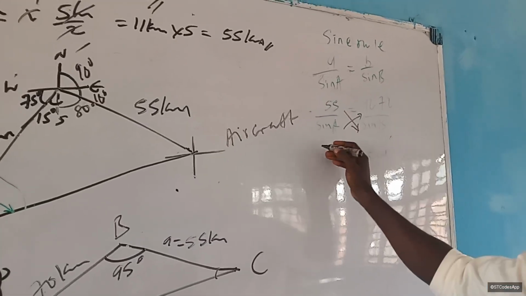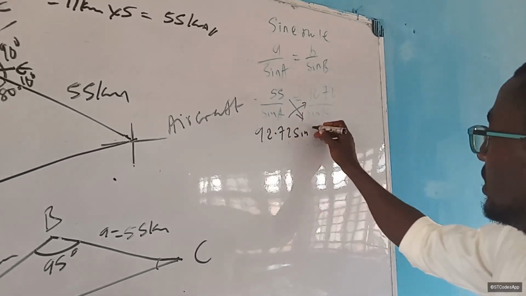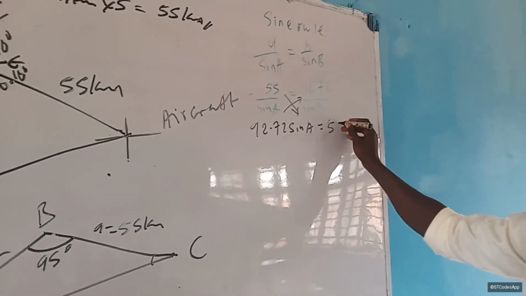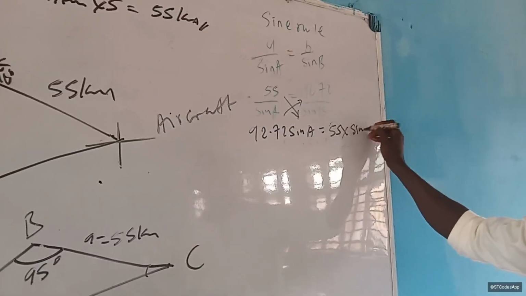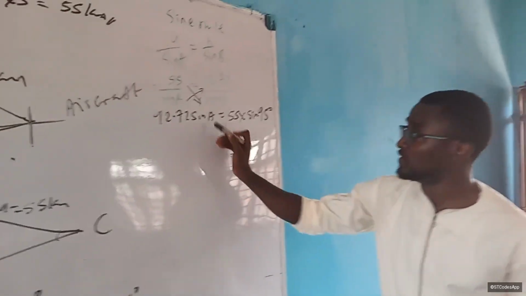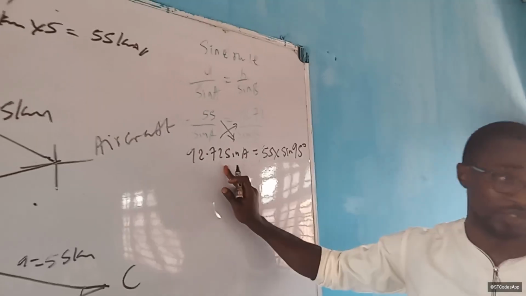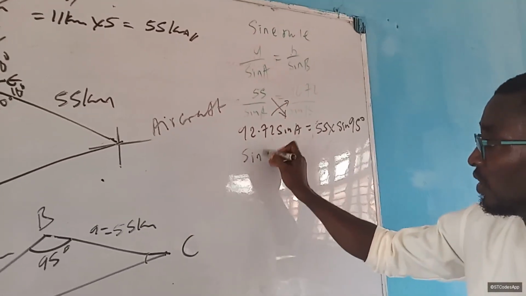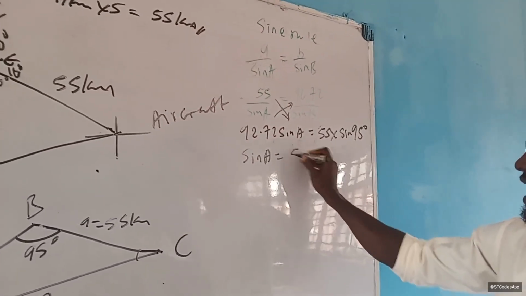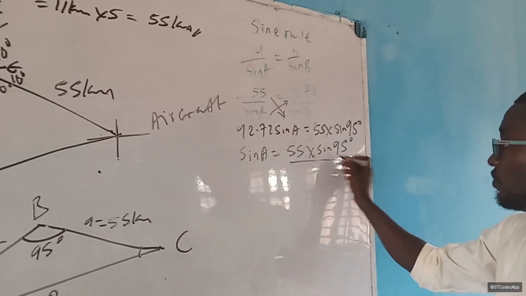I'm going to have 92.72 sine A equals 55 times sine of 95 degrees. Now I'm going to divide both sides by 92.72. So this will give us sine of A equals 55 times sine 95 degrees over 92.72.